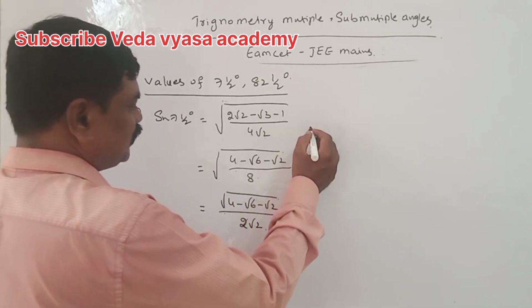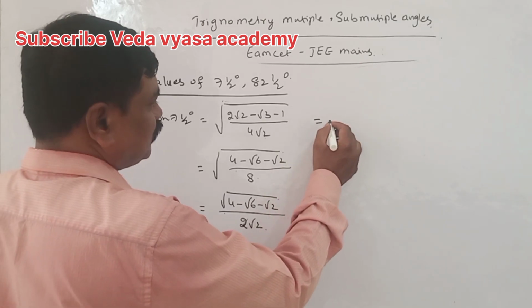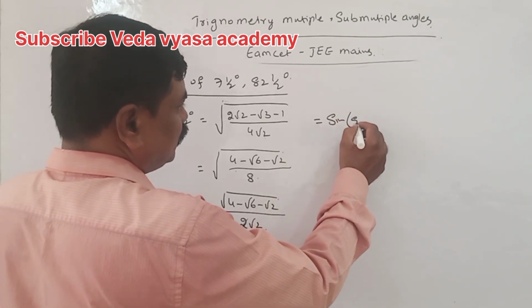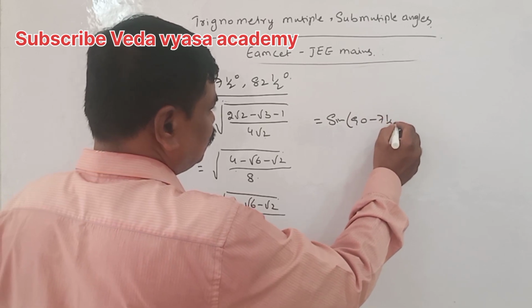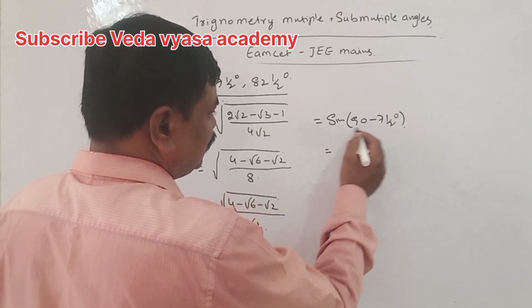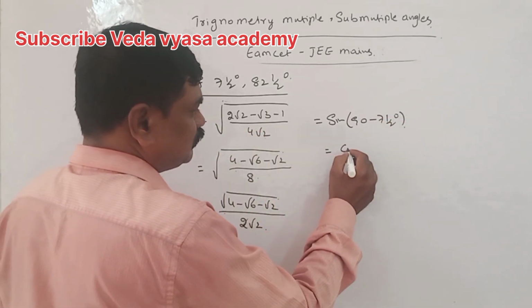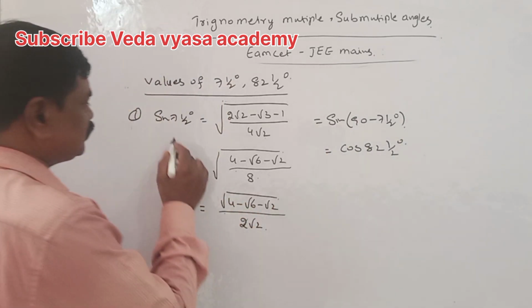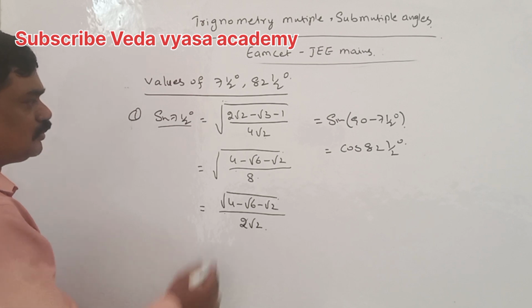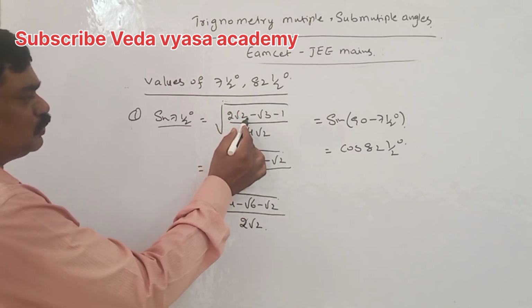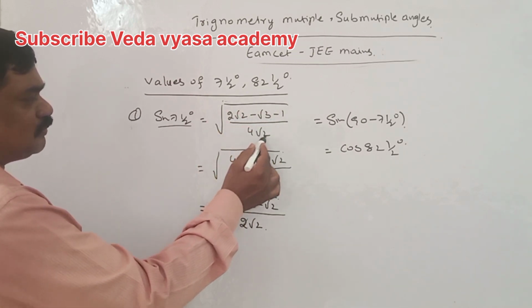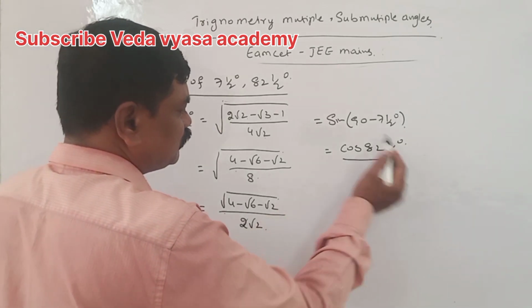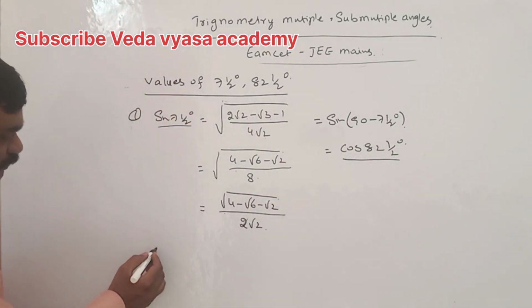But this is equal to what? This is equal to sine of 90 minus 7.5 degrees. 90 minus 7.5 degrees is cos 82.5 degrees. So sin 7.5 degrees is equal to root over 2 root 2 minus root 3 minus 1 by 4 root 2, which is equal to cos 82.5 degrees.